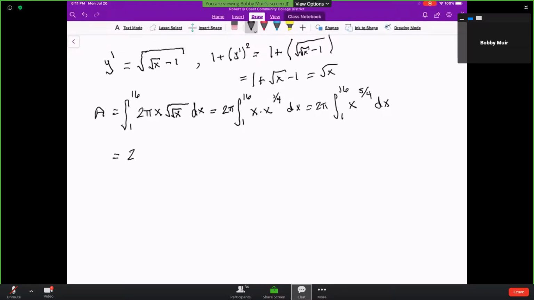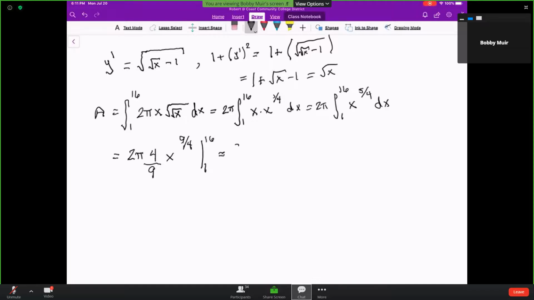So that's going to be 2 pi times x to the 9/4 divided by 9/4, evaluated at 1 and at 16.